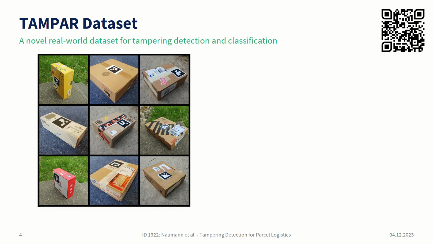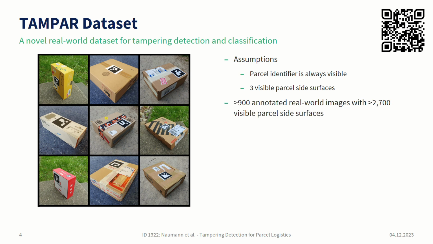Before diving into the details of our pipeline, we want to briefly introduce our newly collected real-world dataset for tampering detection and classification. During image collection, we make sure that the parcel identifier and 3 parcel side surfaces are always visible. We collected and annotated more than 900 real-world images, which corresponds to more than 2,700 visible parcel side surfaces. Of these parcel side surfaces, 60% have been tampered with.